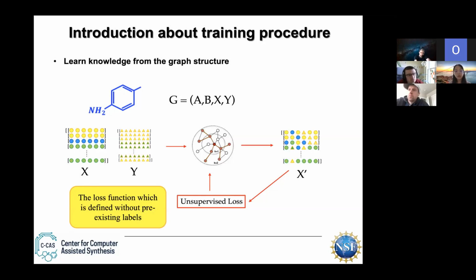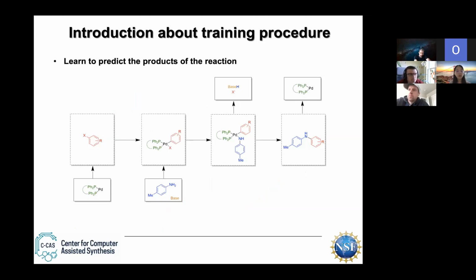And then I will introduce how we can use the knowledge we learned from the graph structure to do the product prediction. This is the whole procedure of the reaction. When we observe this procedure, we can see that during the whole procedure, no atoms disappear or are newly produced.